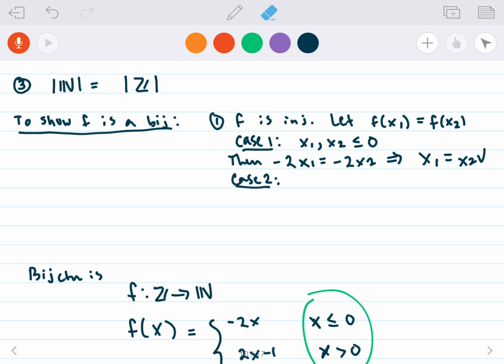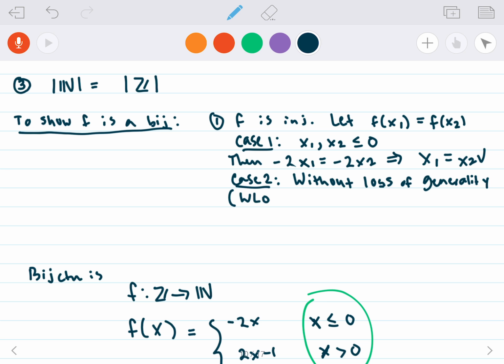And when you're trying to say that, you want to say without loss of generality, meaning that this trick works no matter what I choose x1 or x2 to be in this case.